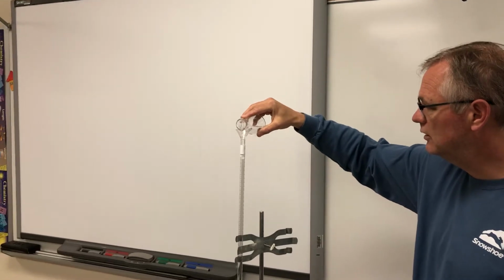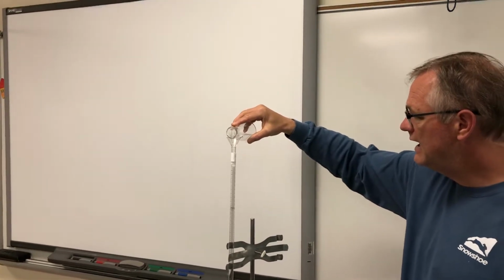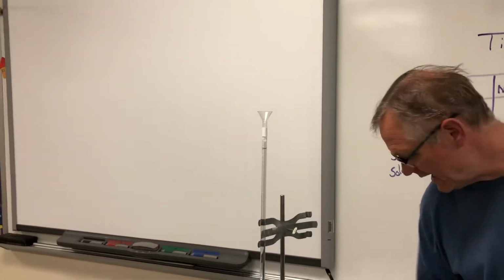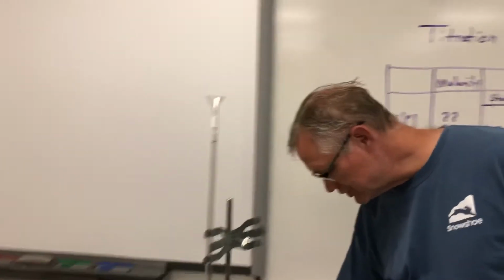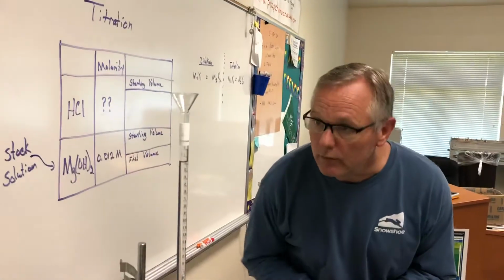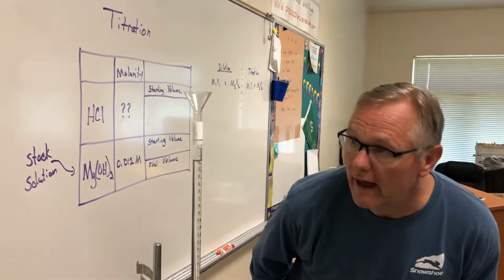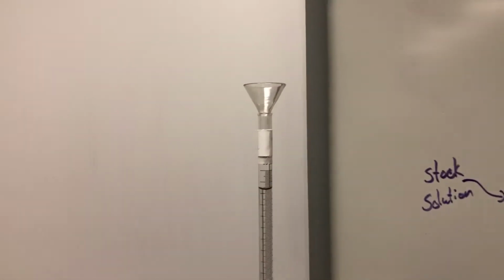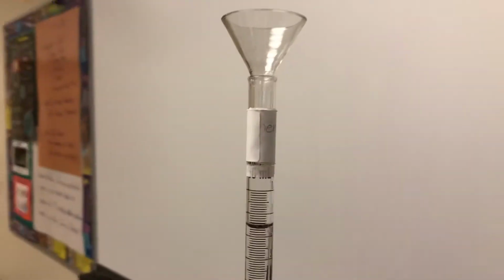So I'm going to slowly fill up my burette, and I'm not going to fill it all the way full. I'm going to stop right there, and determine what is the actual volume that I'm starting with. So I am starting with 1.75 milliliters.